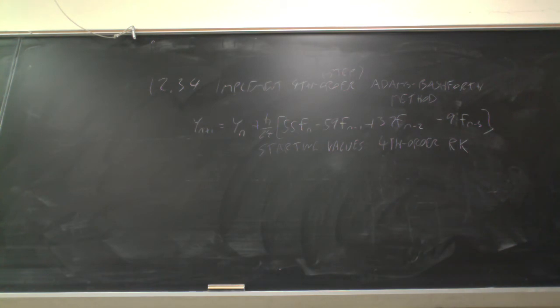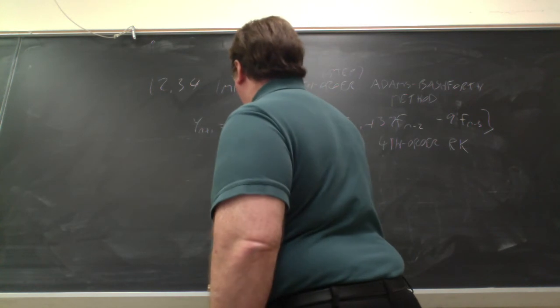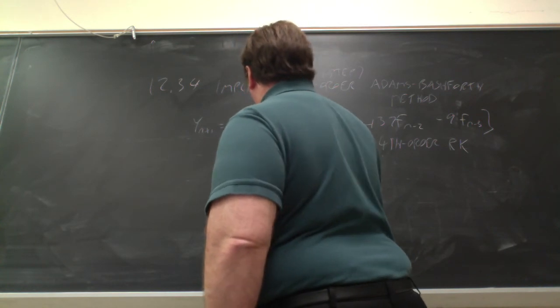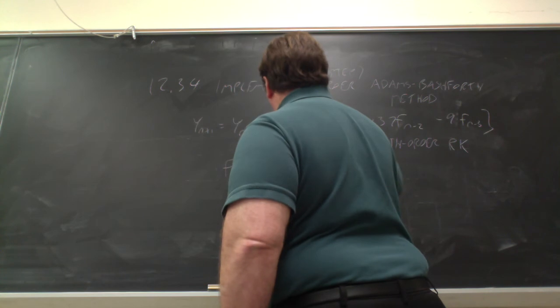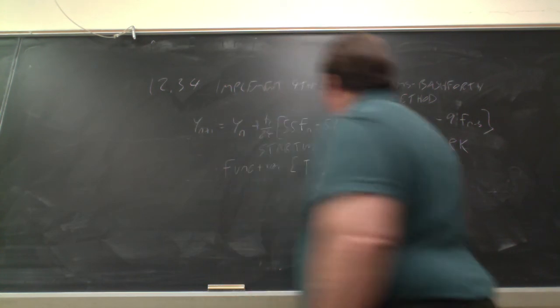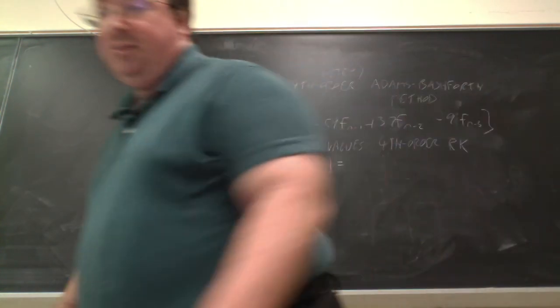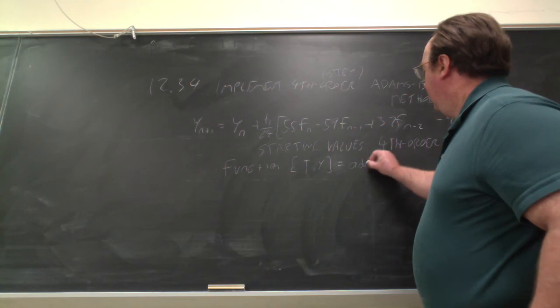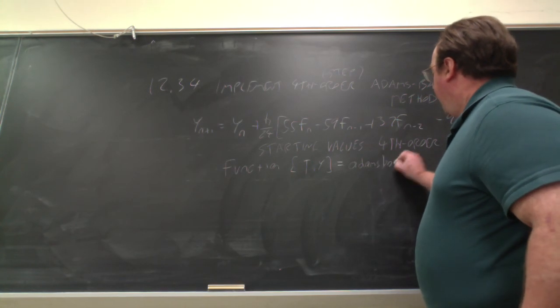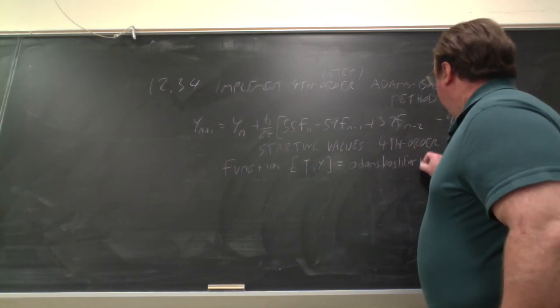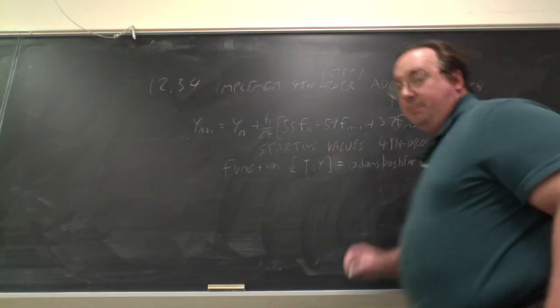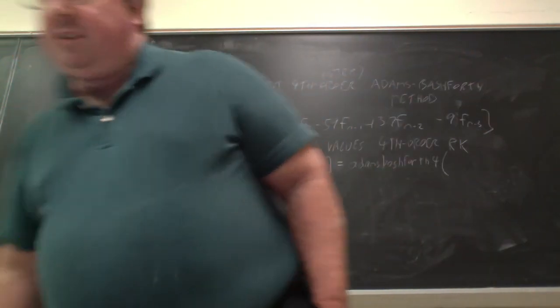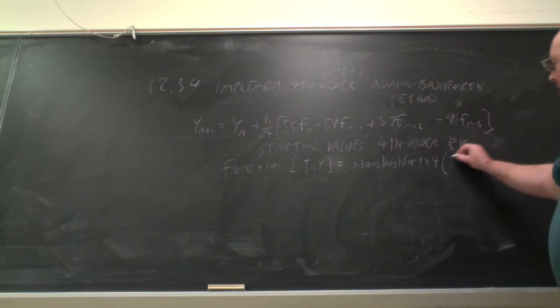So for your function, if I give you an outline of it, we have a vector of t values and a vector of solution values, and I call the function AdamsBashforth4 with arguments f, t span, y naught, and h.